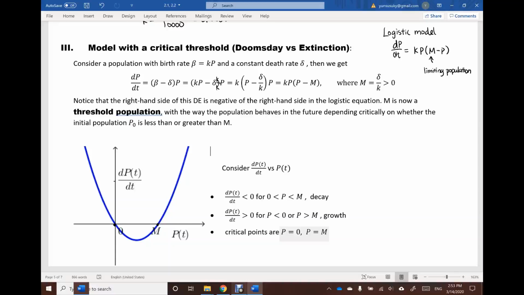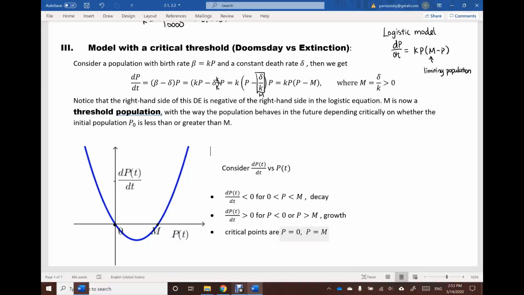After you factor out the k, you get P minus delta over k. If we call delta over k to be M, then the formula becomes kP times (P minus M).